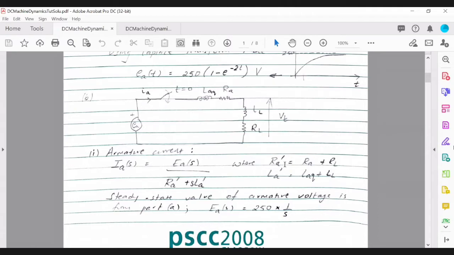So the total resistance is RA plus RL, and the total inductance is LA plus LL.